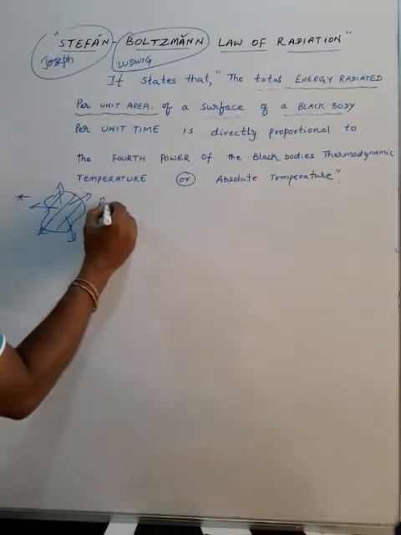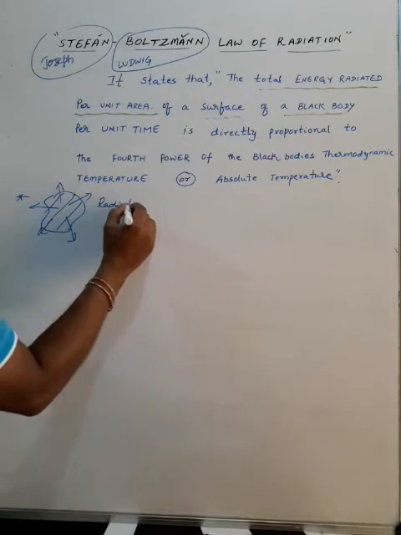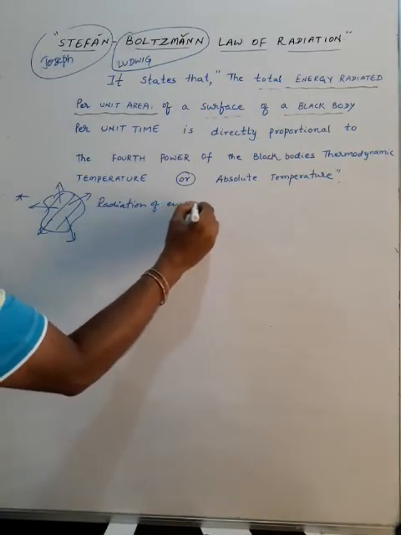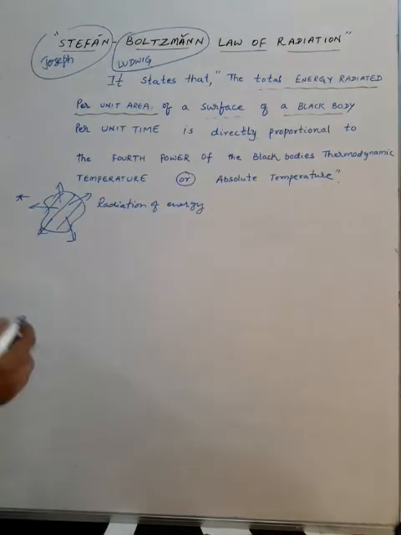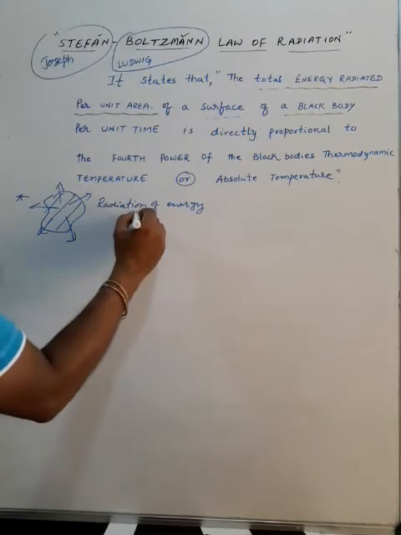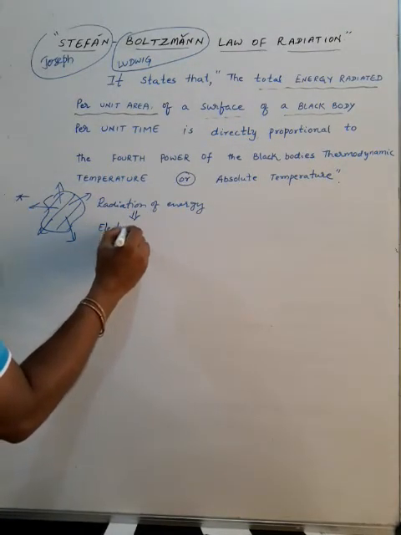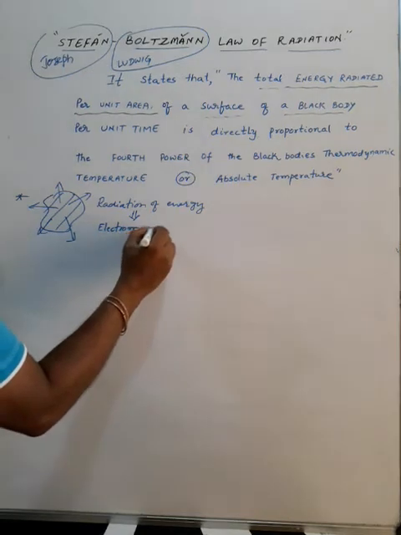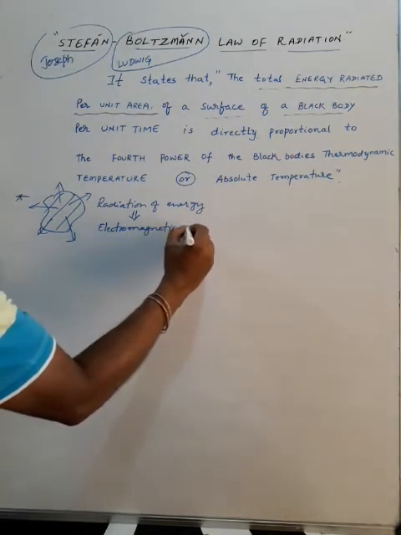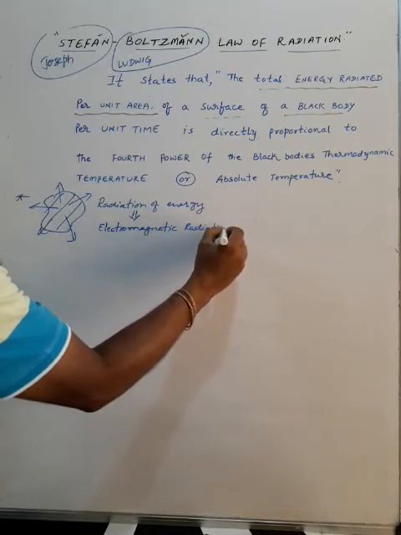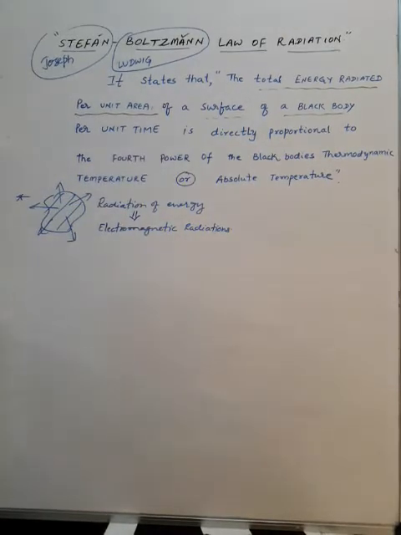Radiation of energy will be there for all substances or materials, but in the form of electromagnetic radiations. This is the first point.